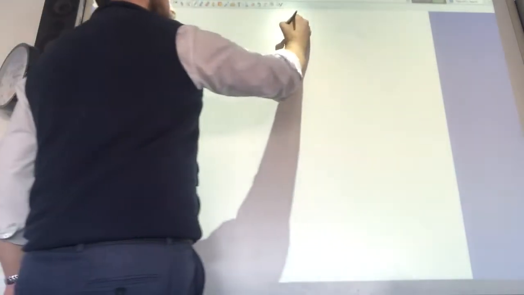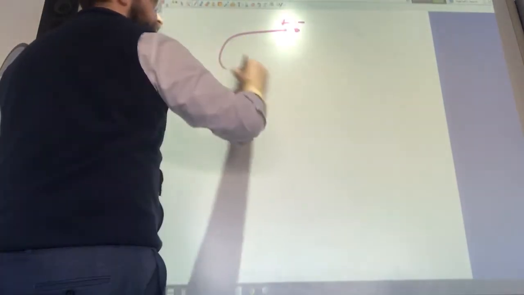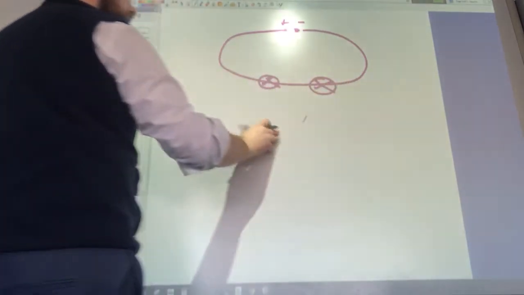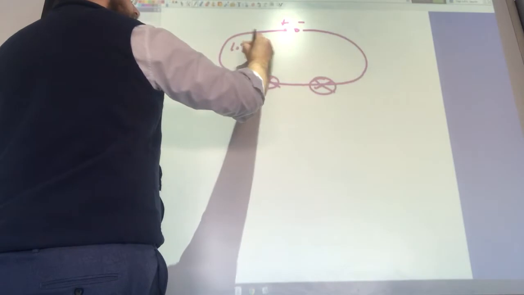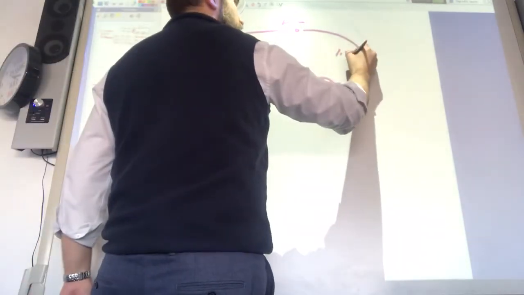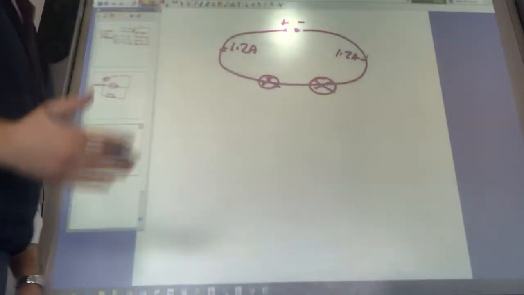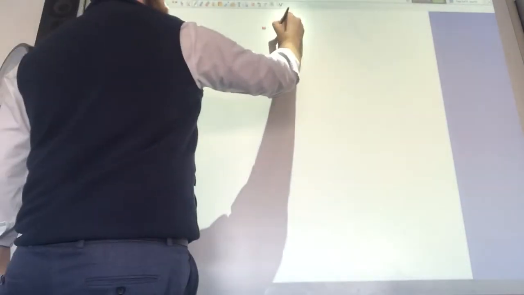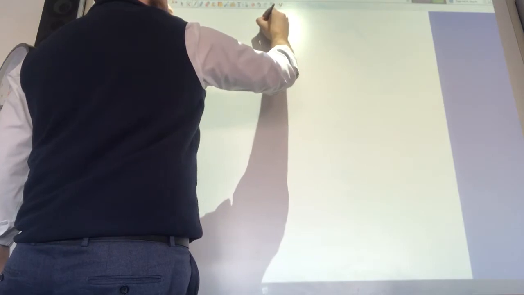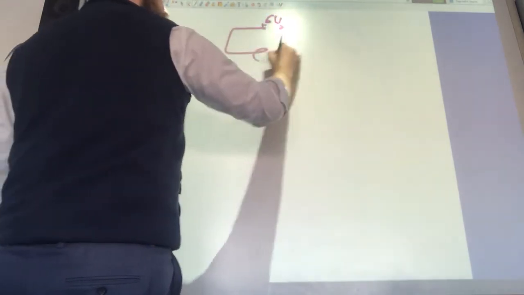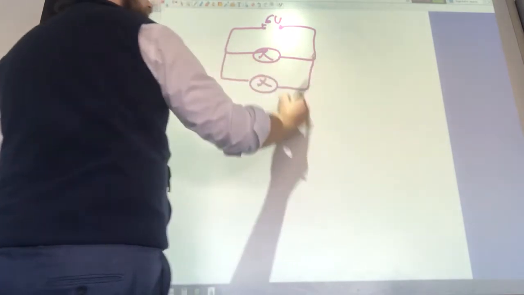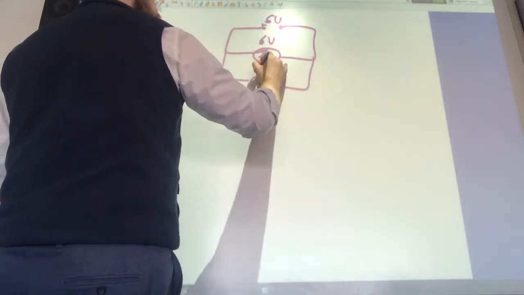If I was to look in a series circuit, with a couple of bulbs thrown in for good measure, if there's 1.2 amps here, there will be 1.2 amps here. The current stays the same in a series circuit. Voltage, however, if I've got 6 volts coming off of my power pack, I will have 6 volts on this bulb and 6 volts on this bulb.